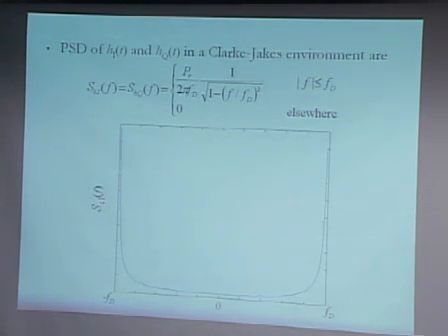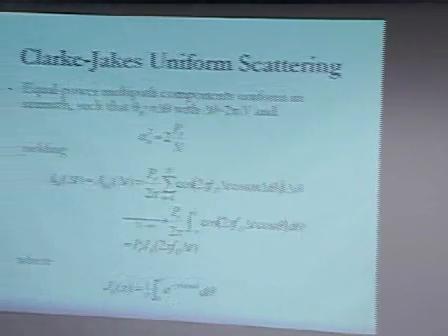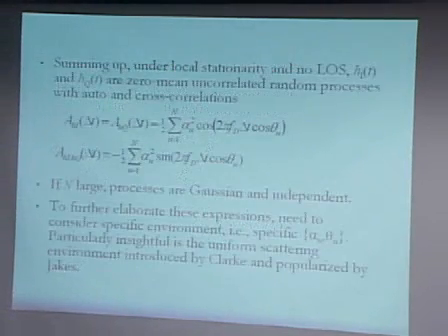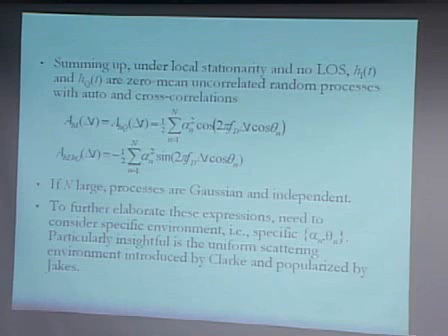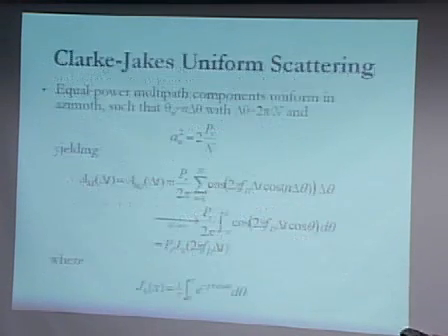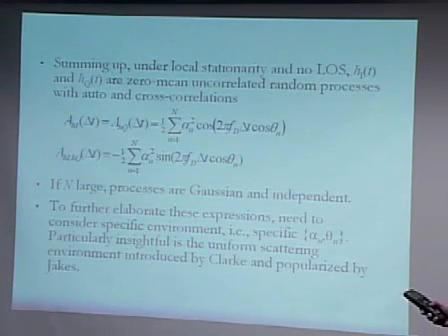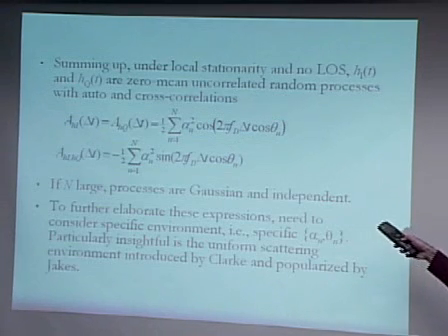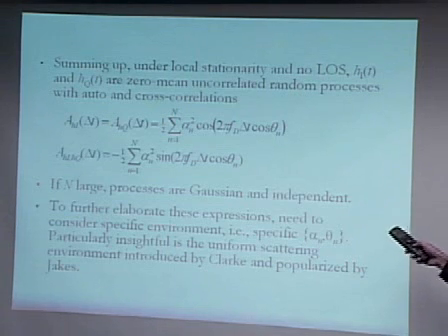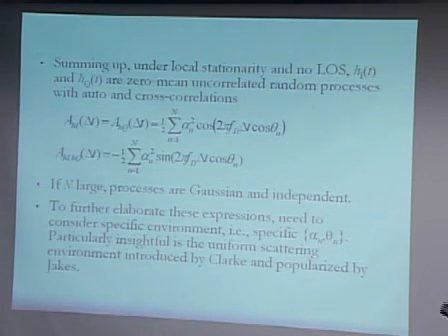Well, here's the answer. The answer is the cosine. Even though the thetas are uniform from 0 to 2 pi, what appears in the correlation is not theta, it is the cosine of theta. So even though the angles are uniform, the cosines are not.